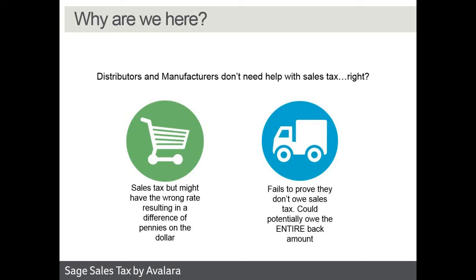Further, they can go back and collect the amount from your client, perhaps even subjecting your client to an audit. We've even had a situation where a customer called Northern Tool had a $700 sale that cost them $22,000. So again, manufacturers and distributors get targeted for things like exempt sales and use tax. And we're going to go into some other examples of what the cost of noncompliance can be.